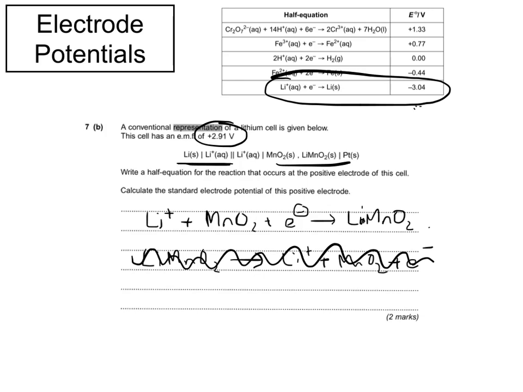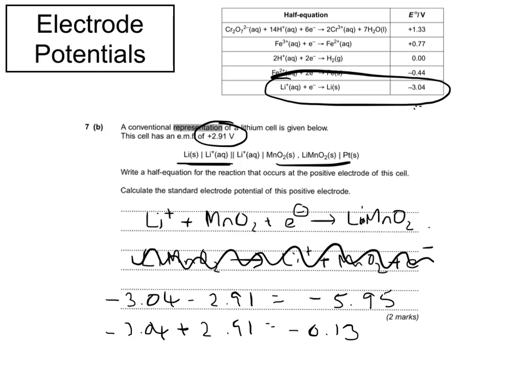So either it could be minus 3.04 minus 2.91, which would give us minus 5.95, or it could be minus 3.04 plus 2.91, which would give me minus 0.13. Now, because we know this is the more positive electrode, it's going to be the number that is more positive than minus 3.04, which is this bottom number here.